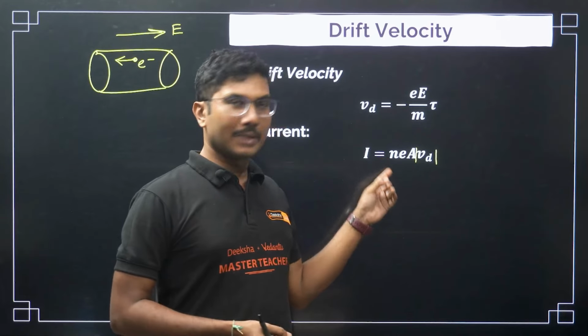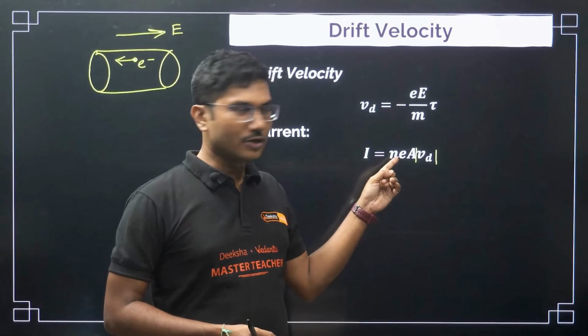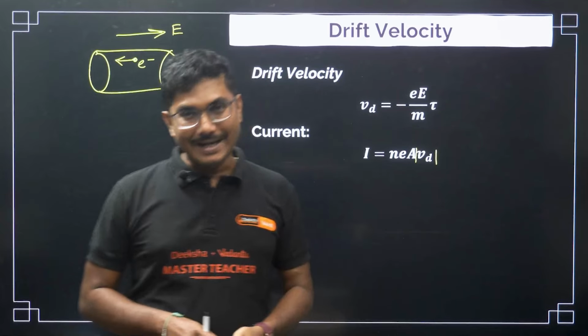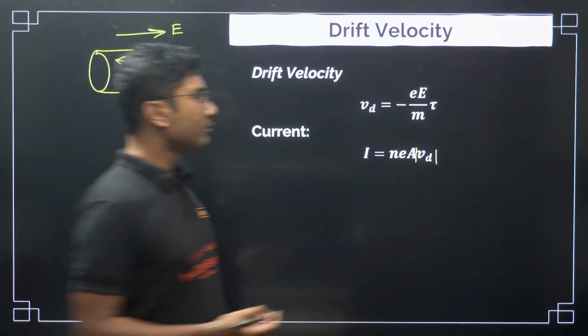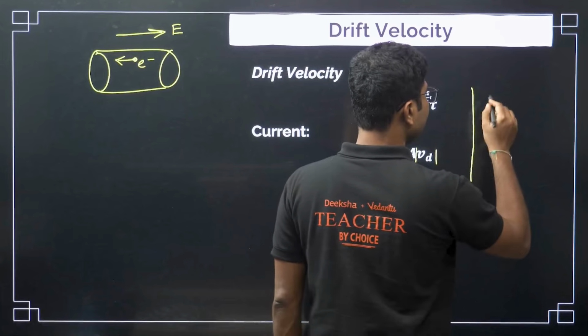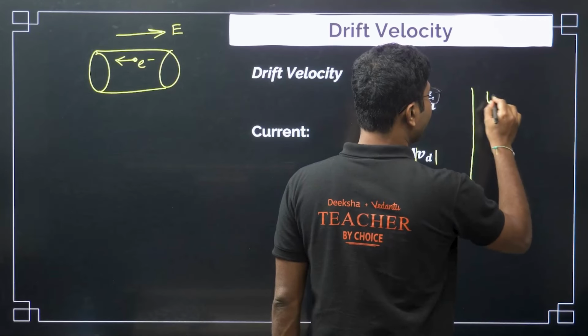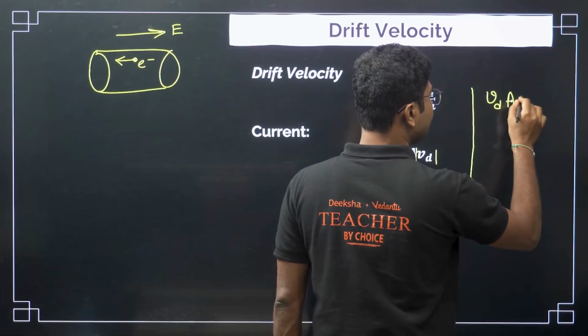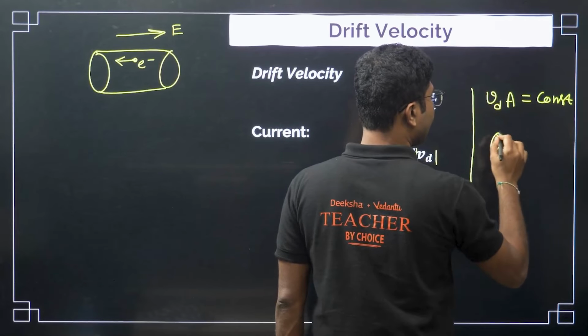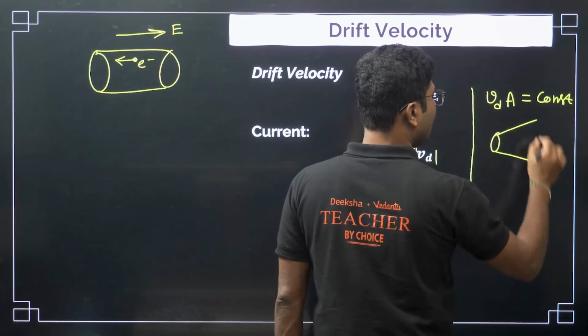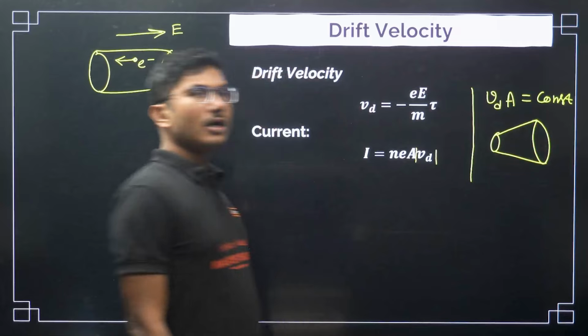So n is number density, e we know is the charge of an electron, A is the area of the conductor. Now you also have to remember one more thing: drift velocity into area is constant. Suppose a current is flowing through a conductor having different cross sections.